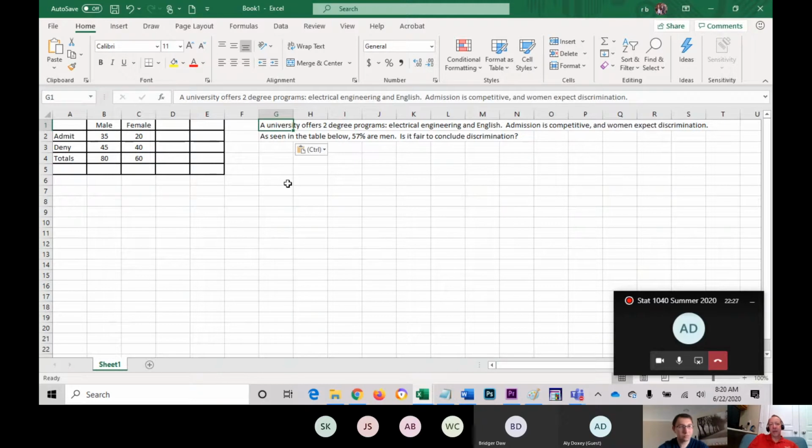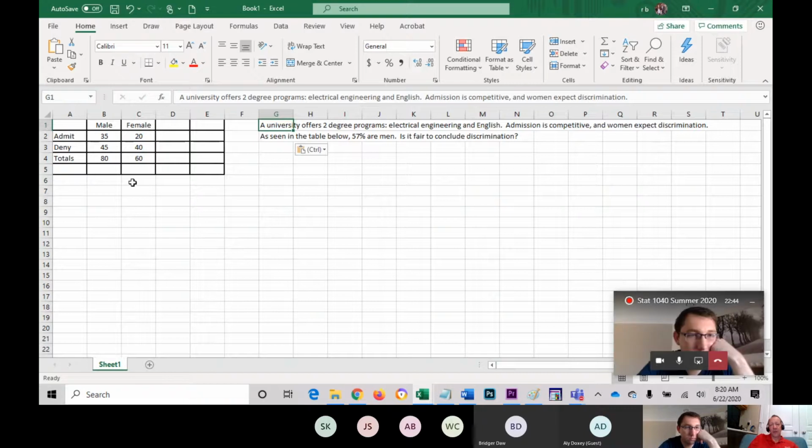Is it fair to conclude discrimination? What do you guys think? What would be some good calculations you could do to see if there's some discrimination going on?